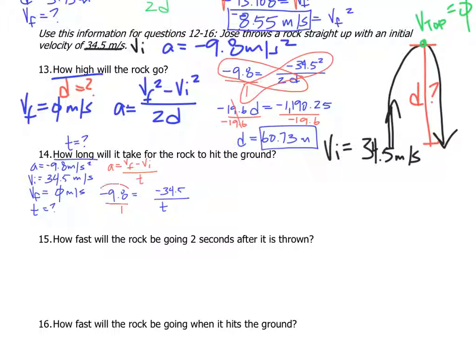Set it up over 1, cross multiply: negative 9.8 times t gives you negative 9.8t, and 1 times negative 34.5 gives you negative 34.5.